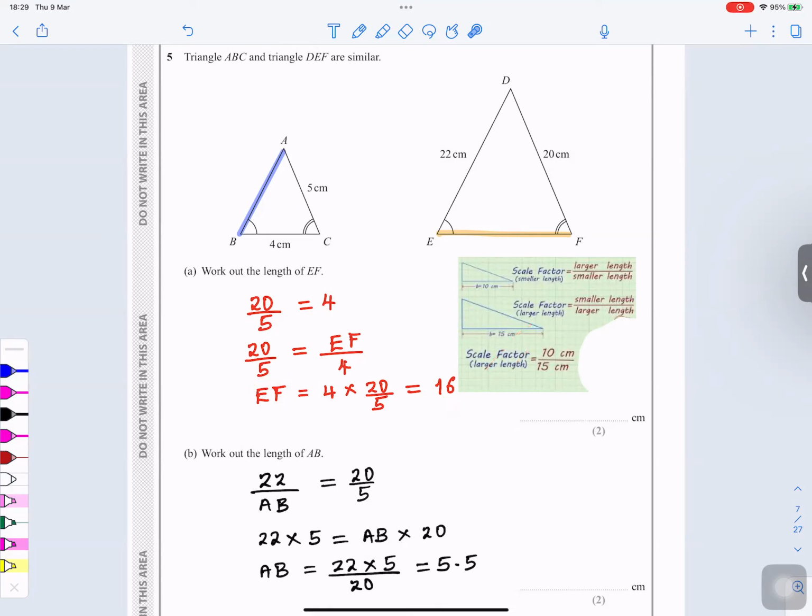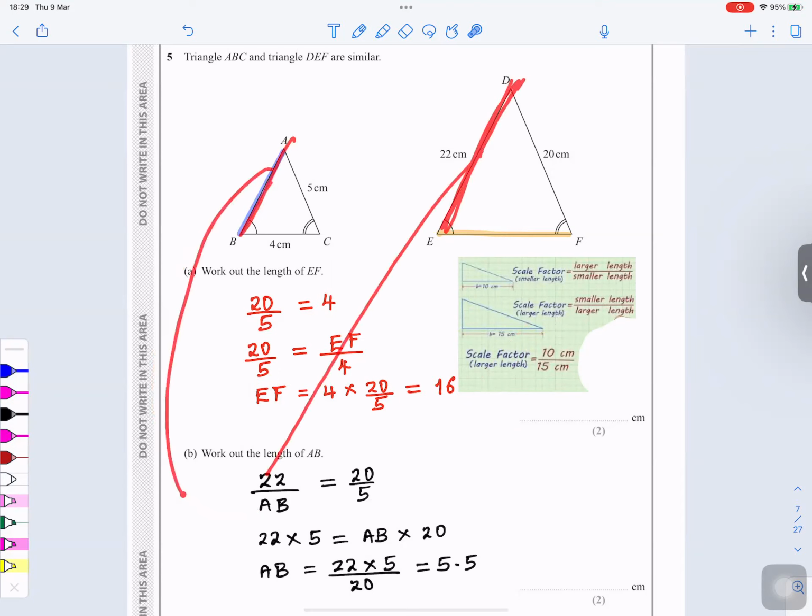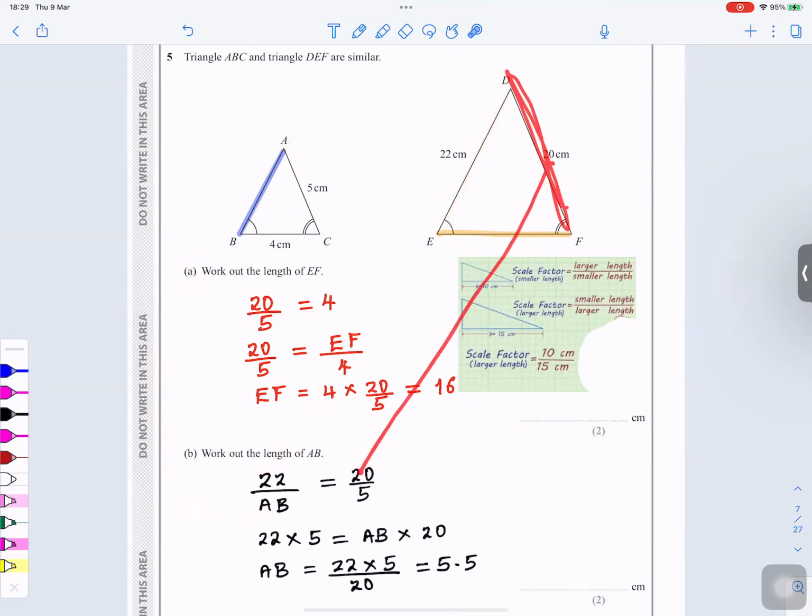Work out the length of AB. So we want to find AB, the one in blue. So it's AB. So we have 22, the long side, divided by the corresponding side AB would be equals to 20, the long side, divided by the short side, which is 5. Cross multiply. 22 times 5 is equals to AB times 20.